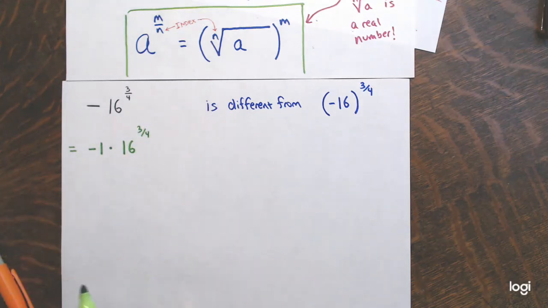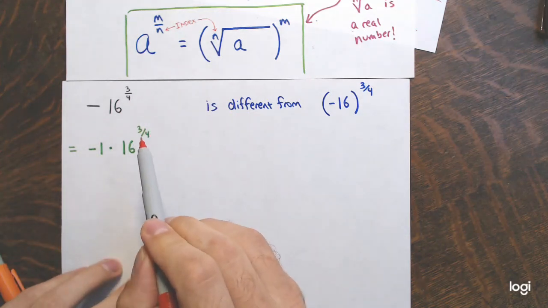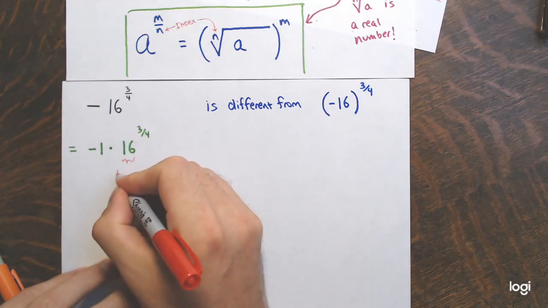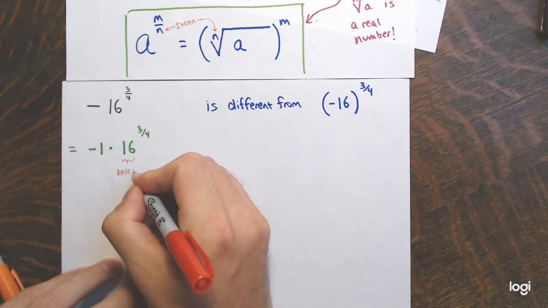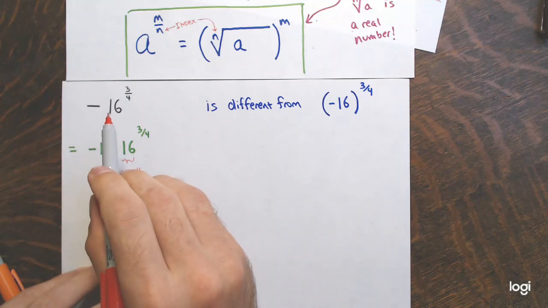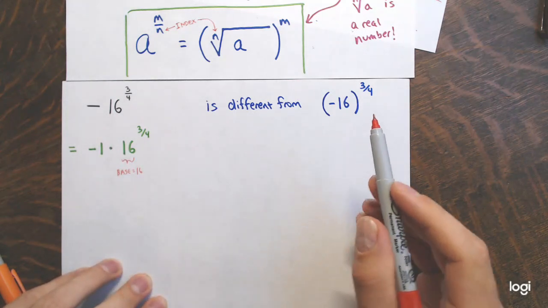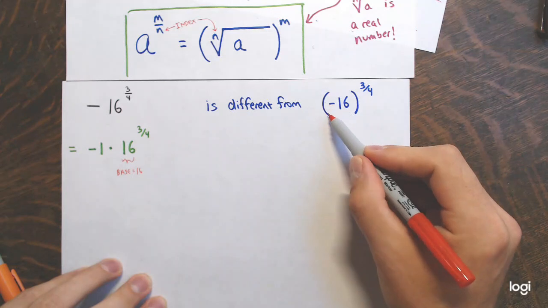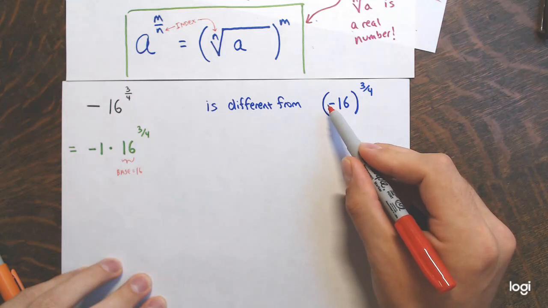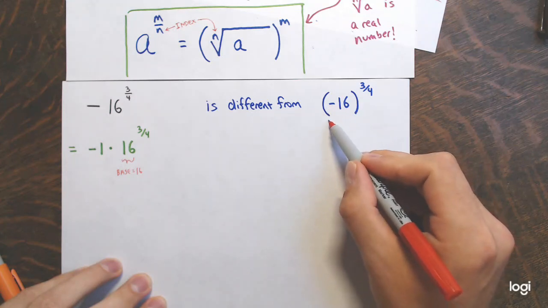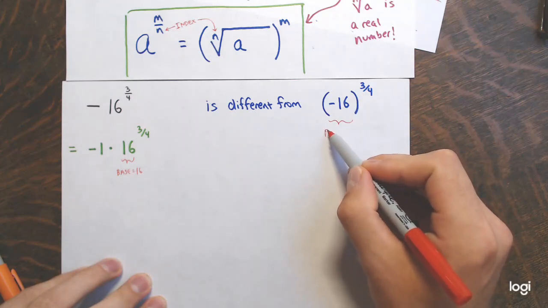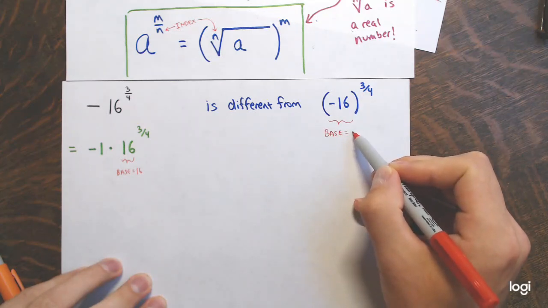Okay, so in this expression, under the exponent of 3/4, the base is just the number 16, not negative 16. Whereas over here, with the parentheses around it, the negative is part of the 16 now. It's collected by the parentheses. In this expression, the base on the exponent of 3/4 is negative 16, not just 16.